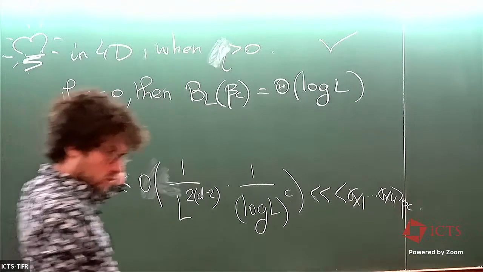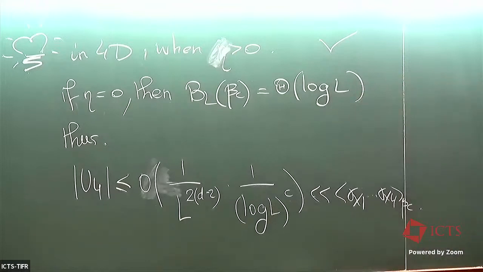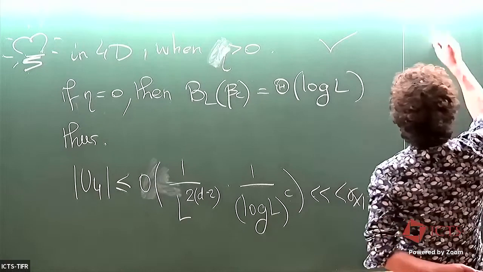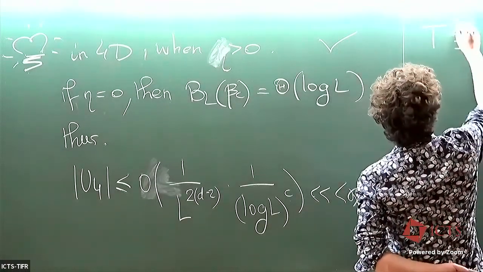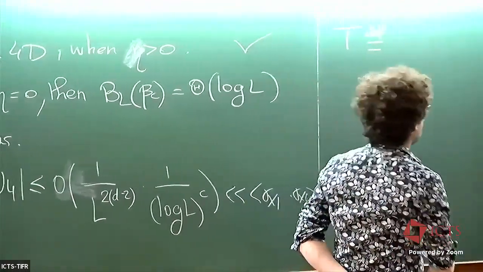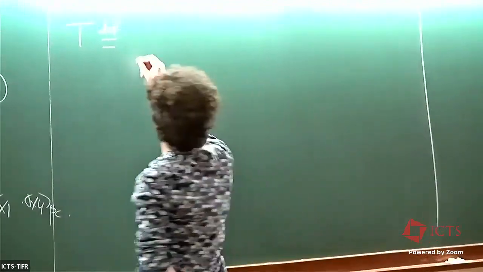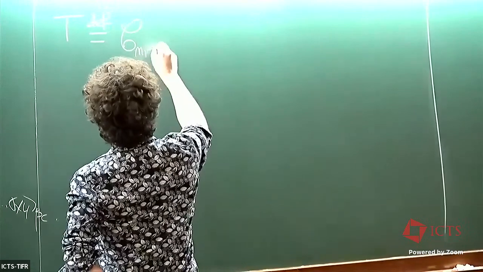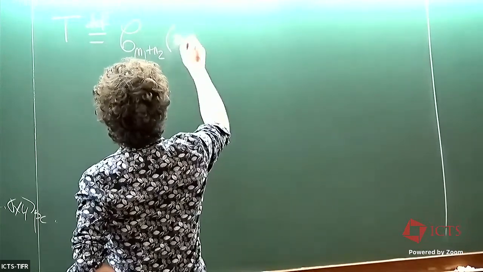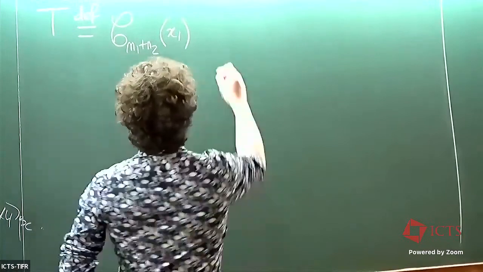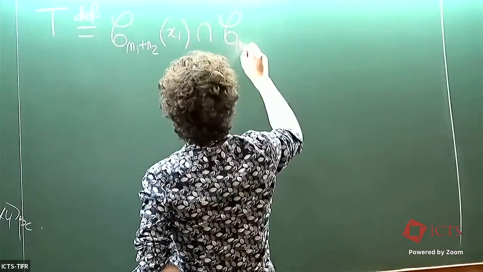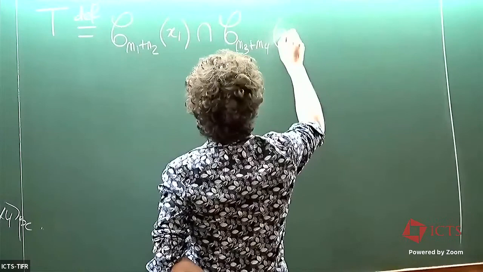So what I will do today is to try to explain to you why you have this improved tree bound. Okay, let's define T, and this is going to be a key player. It's a random variable, it's a set. So T is going to be the intersection of the cluster in n1 plus n2 of x1 with the cluster in n3 plus n4 of x3.